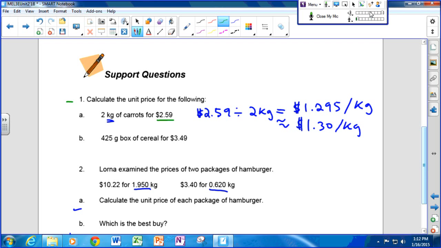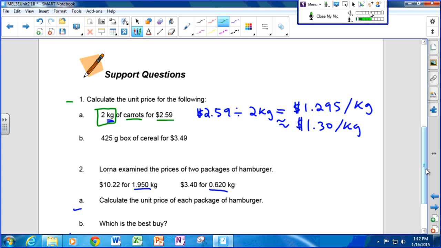Now, the unit price there, I mean, it is carrots, but they don't tell you how many carrots. And even if they did, the fact that they're giving you a weight of carrots, that's the units. Okay, so the units are kilograms, not 2 kilograms, but kilograms. So that's what you're going to divide into the price.